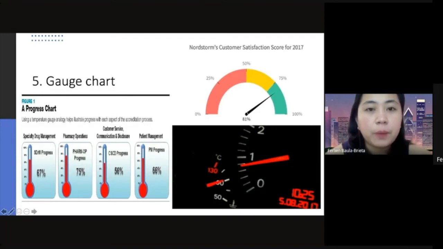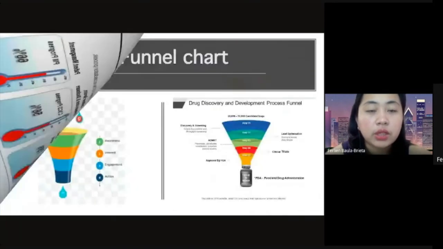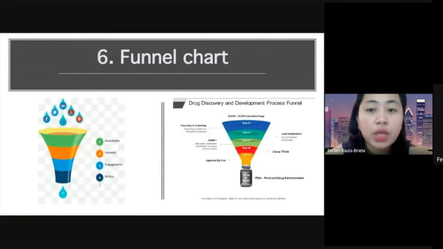Okay, so the next chart is the funnel chart. We are very familiar with how a funnel looks. A funnel chart displays values as progressively decreasing proportions, and it will amount, of course, to 100% in total. So everything that goes inside the funnel becomes one as it goes out at the bottom, amounting to 100% overall total.